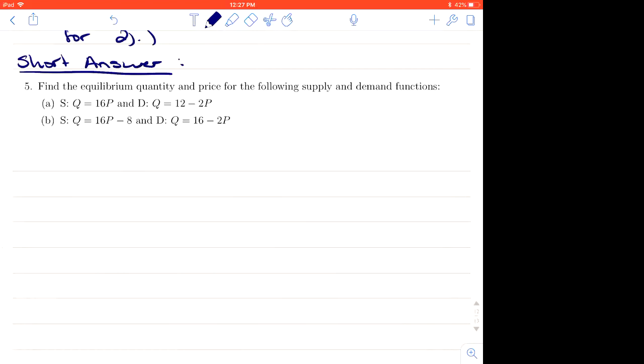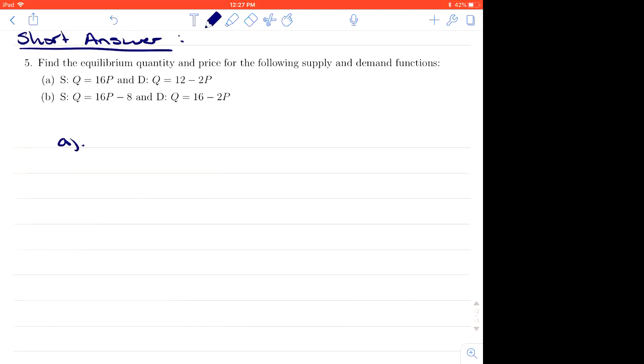So if it felt like things got easier, the further into the practice test you got, then that is the case. Okay. So part A, we have the supply curve is Q equals 16P, and the demand curve is Q equals 12 minus 2P.